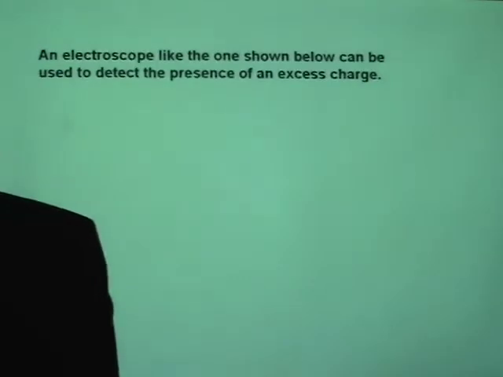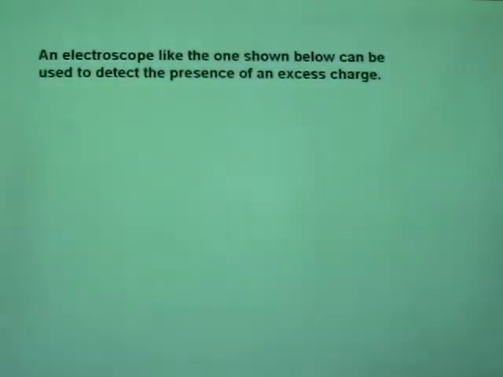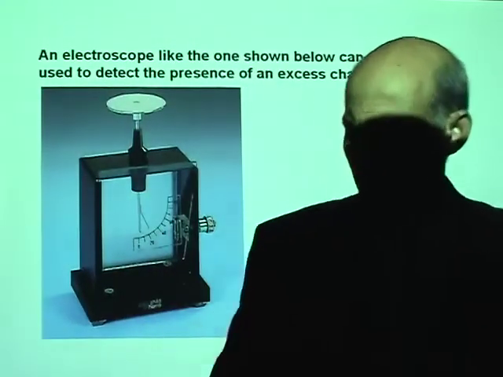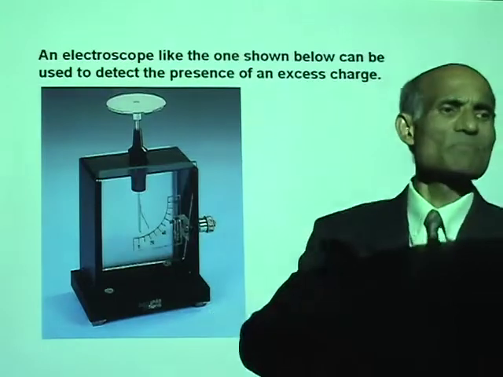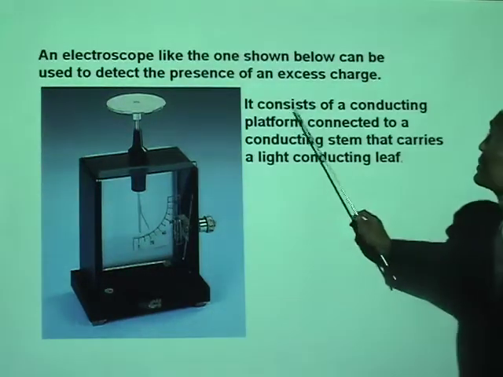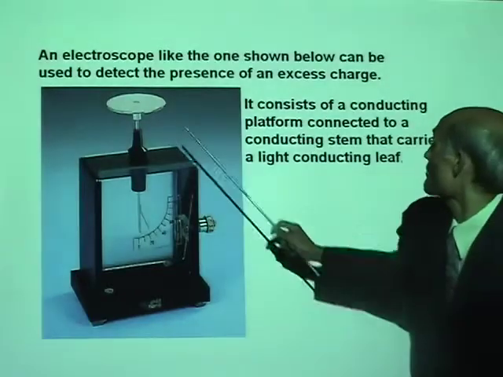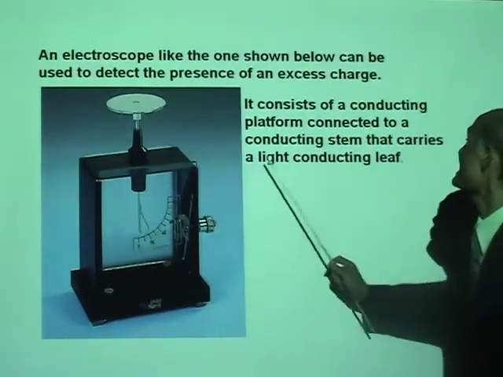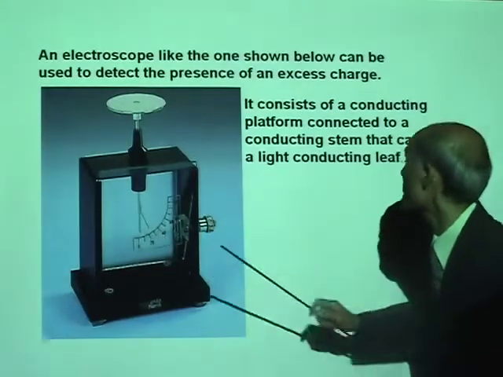Alright, let's look more at the electroscope. So that is the electroscope that we were looking at, which is very similar to the one I just showed you. Now, it consists of a conducting platform connected to a conducting stem that carries a light conducting leaf.